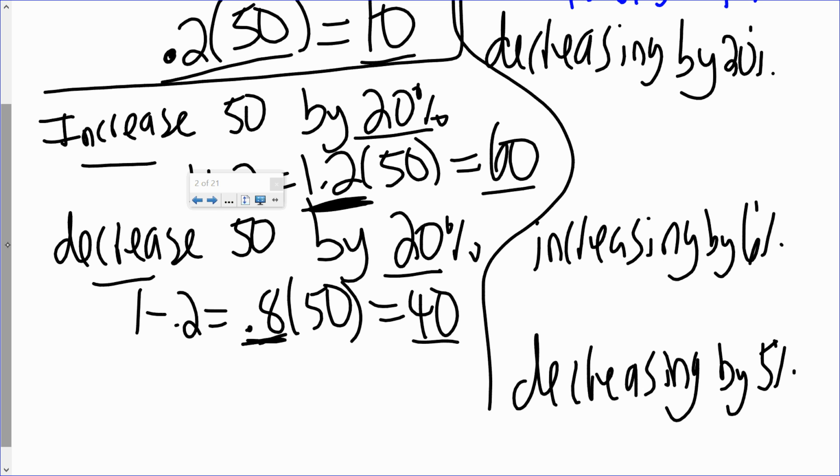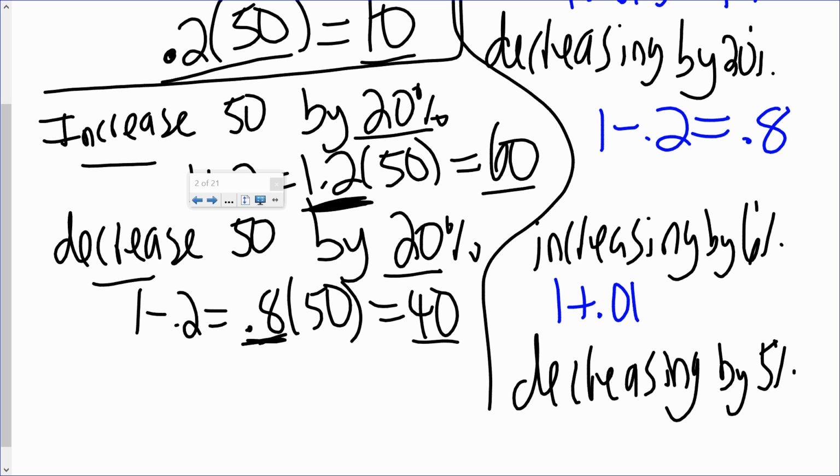Okay, decreasing by 20% is going to be 1 minus 0.2, which is 0.8. So if something's decreasing by 20%, I'm multiplying it by 0.8. If something's increasing by 6%, it's 1 plus 0.06, which is 1.06. If something's decreasing by 5%, it's 1 minus 0.05, which is 0.95.